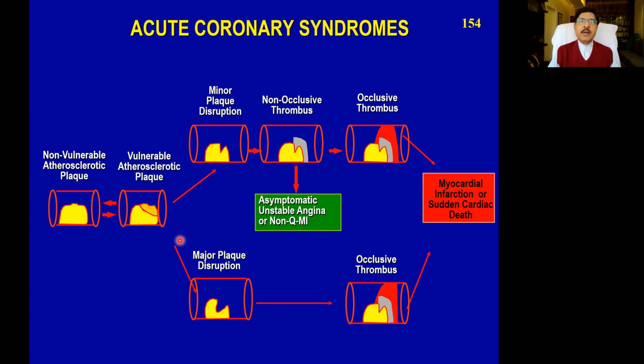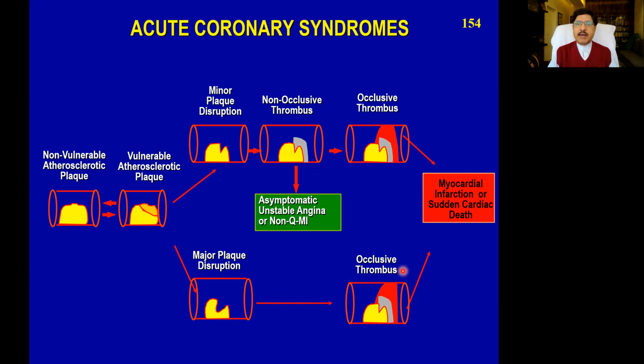In some people, what will happen is the demand will be there, supply will be less, and they experience the angina. And in some people, the plaque rupture occurs very wide, a major plaque disruption, and a sudden occlusive thrombus occurs without there being a stage of angina or the NSTEMI.